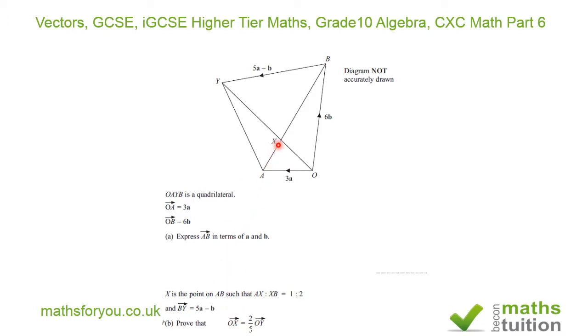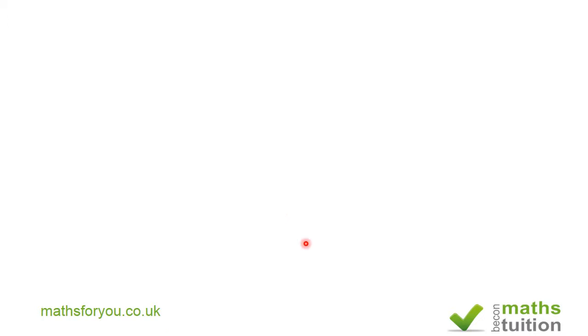And further down the line, we're also told that the ratio of AX to XB is 1 to 2. Now, it then follows that the ratio of AX to the whole of AB is 1 to 3. So bear that in mind.